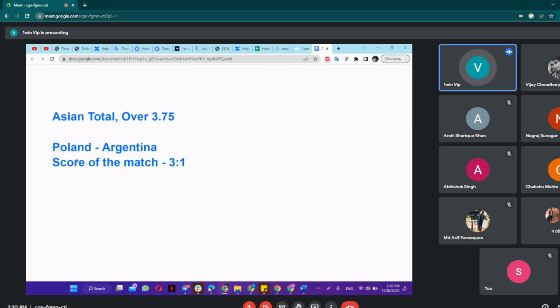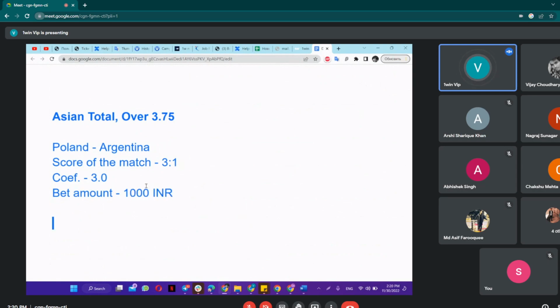The coefficient of the bet will be 3.0, and the amount will be 1,000 INR, 1,000 rupees.